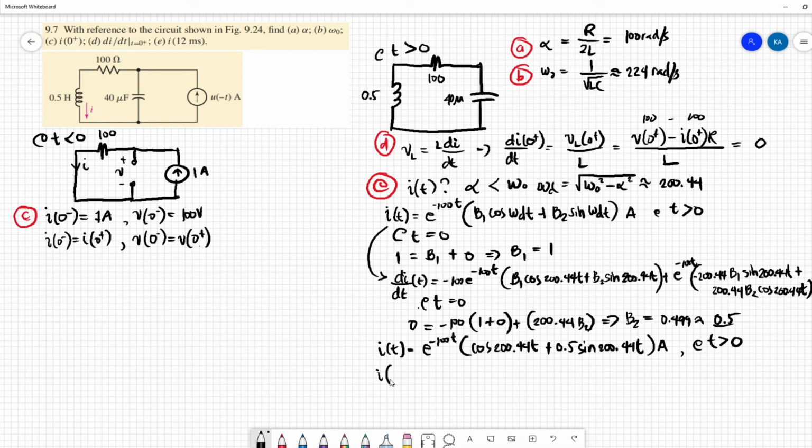So the I of 12 milliseconds is approximately equal to negative 0.1220 ampere.